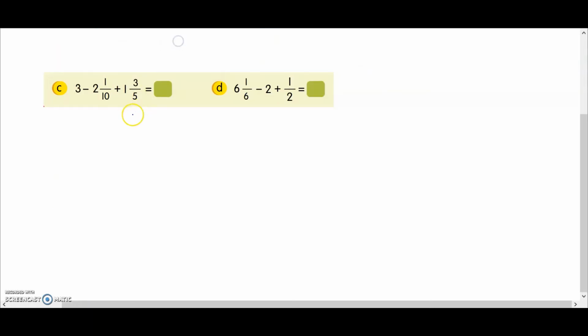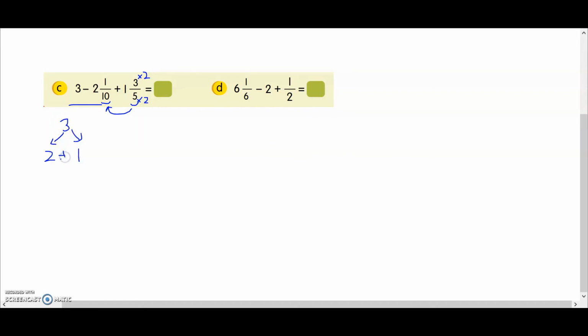Okay, for question C, now we make the bottom number the same first. You can always follow the big number. So 5 we need to change to 10. You do that by multiplying 2. So 3 minus this one. So 3, I split it into 2 and 1.